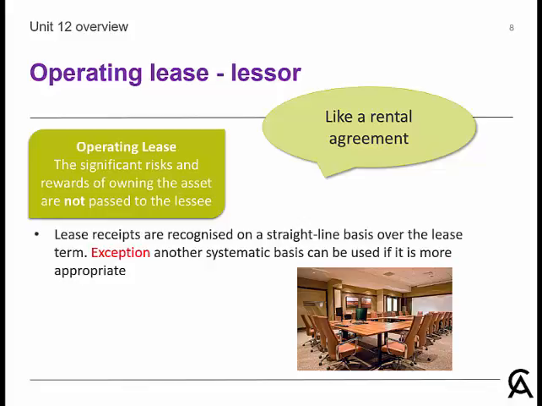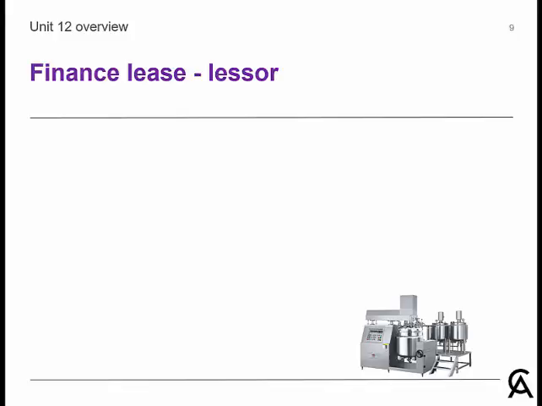So what IFRS 16 says is that the lease receipts that the lessor is earning are recognised on a straight line basis over the lease term. However, there's an exception where another systematic basis is more appropriate, but generally it's just on a time frame basis over the lease term. And because the lessor is effectively retaining those risks and rewards of ownership, it retains the asset on its balance sheet and then must depreciate the asset under IAS 16.